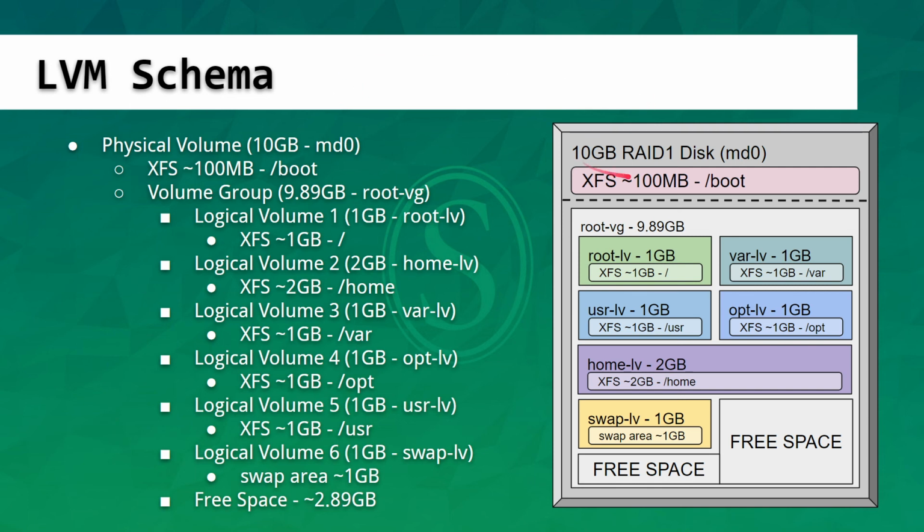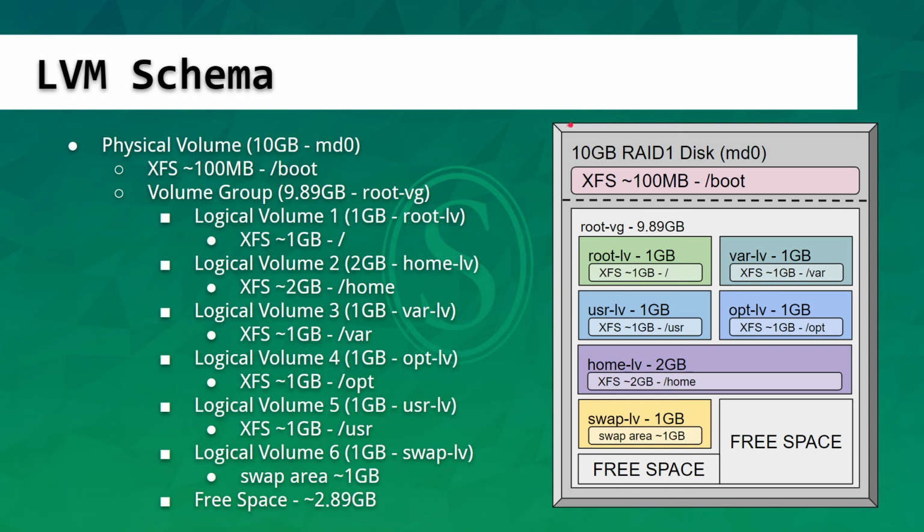Let's assume it's a RAID 1 disk. So we have a conventional XFS partition. It's 100 megabytes for our boot, and then everything below this dashed line is meant to be a volume group for root VG. Root VG is 9.89 gigs, so it's everything else of this 10 gigabyte disk.